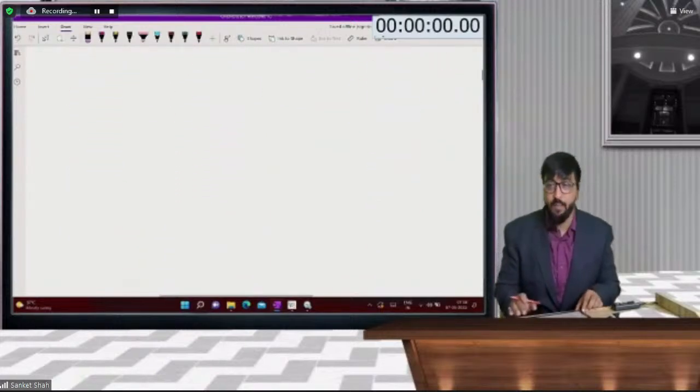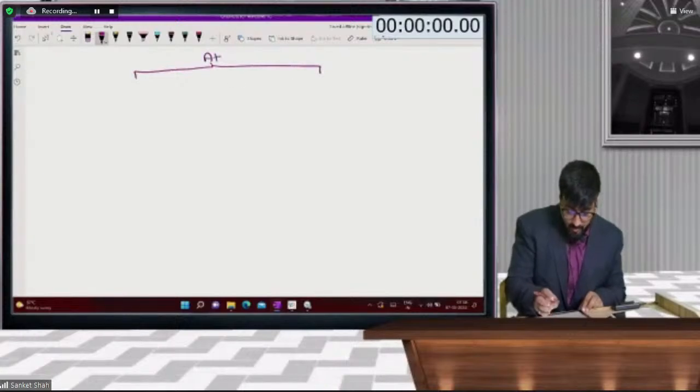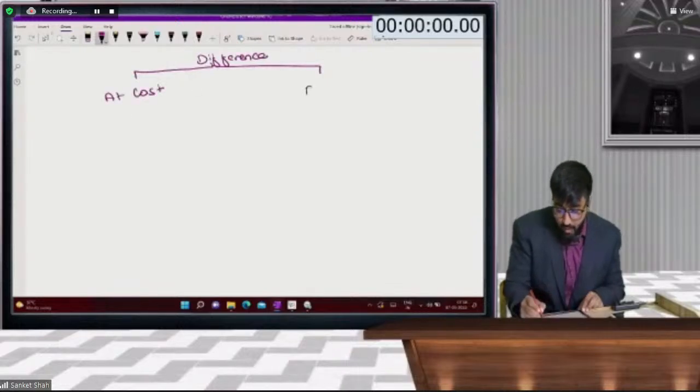What is the concept of at cost and at invoice price? So write down the difference between at cost and at invoice price. Difference. At cost and at invoice price.